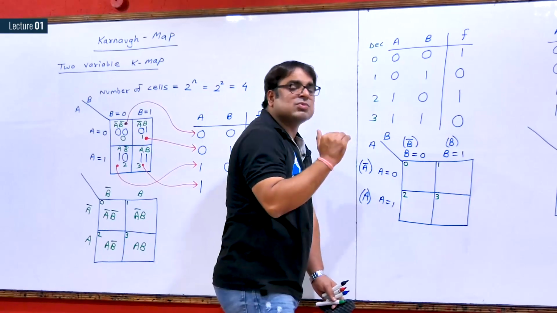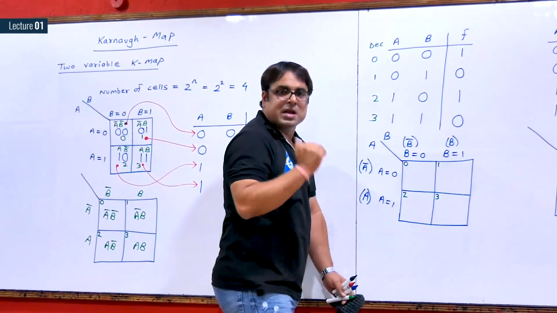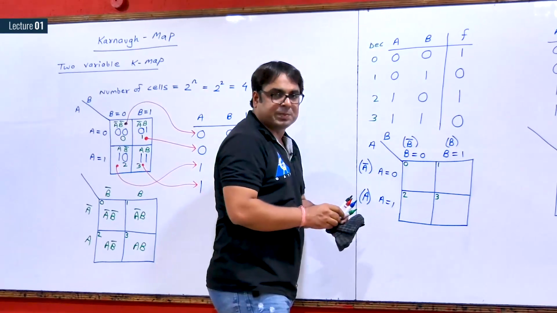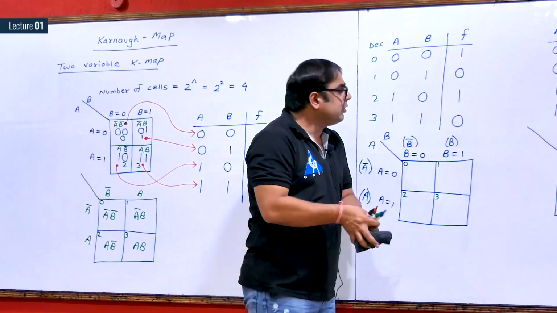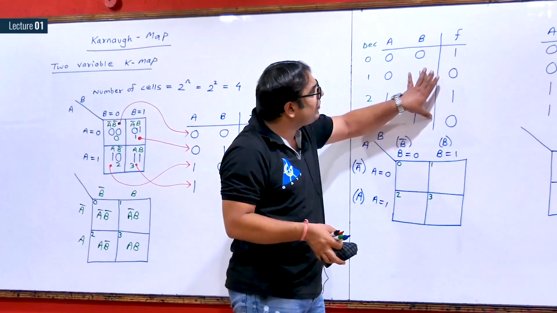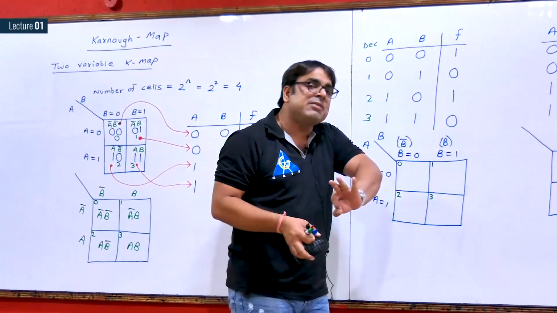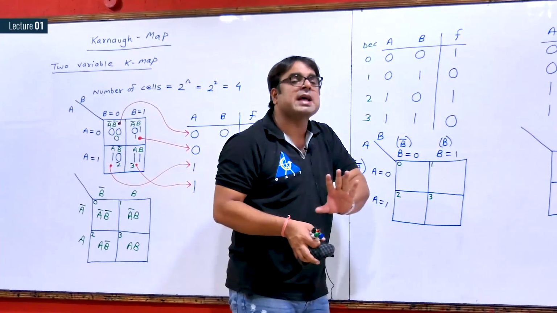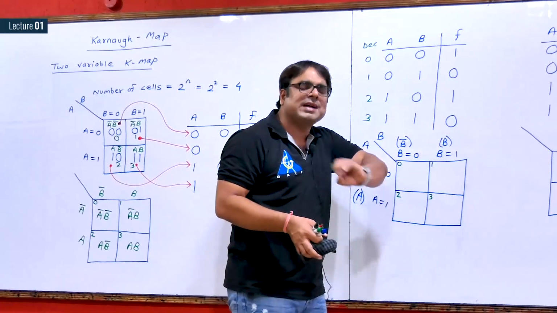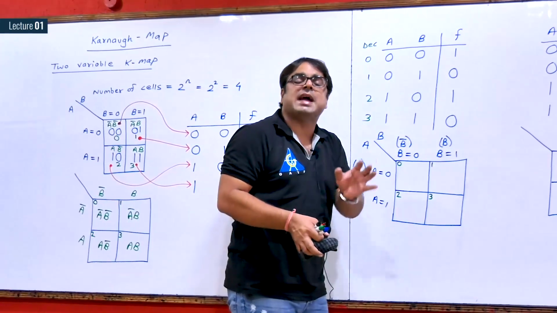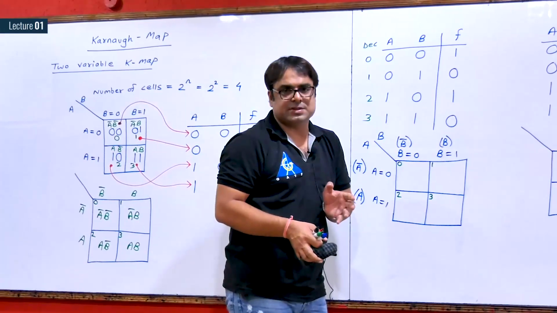Now, since we are using SOP, I will first solve the same question using Boolean algebra and then I will start using K-map so that it becomes very easy for you to understand the basic concepts.